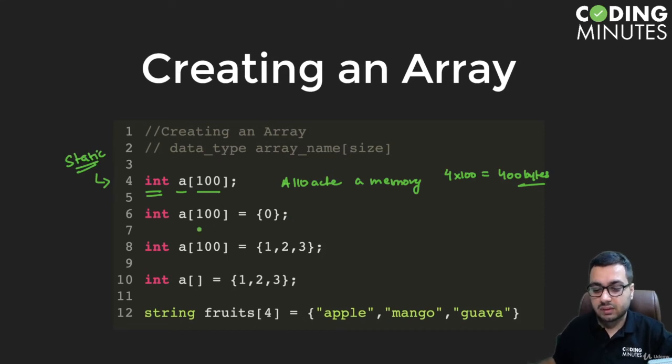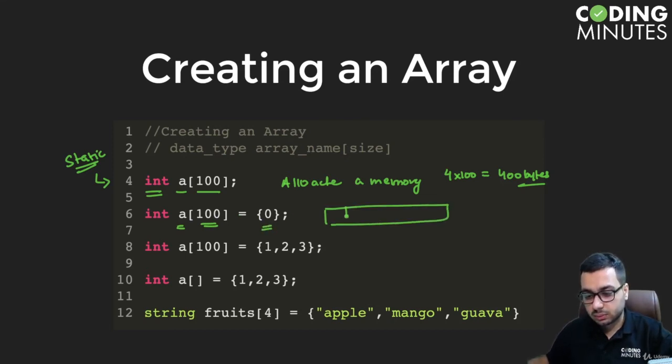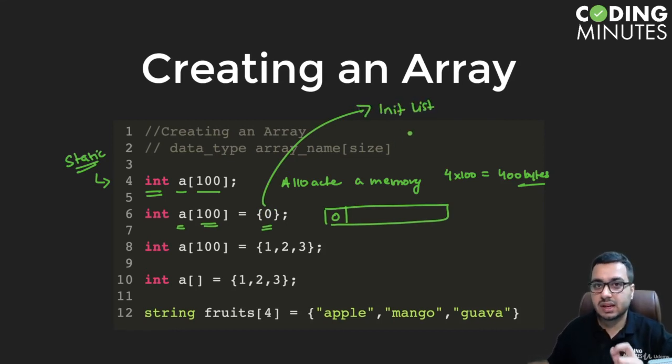And here we are creating an array with 100 elements, and the first element of the array is initialized with 0. This is called an initialization list. In this list we only define the first element as 0.